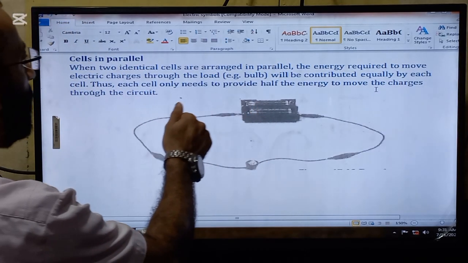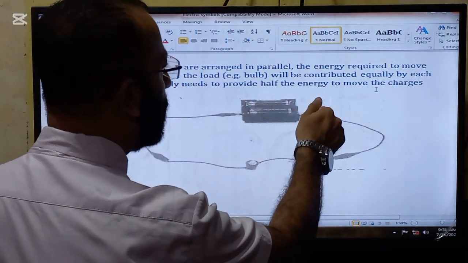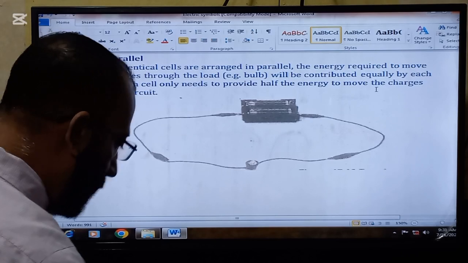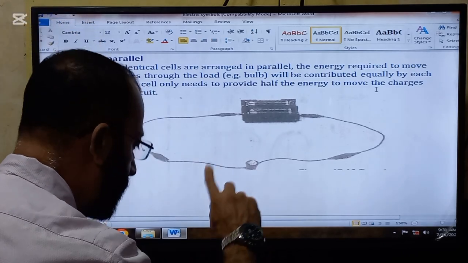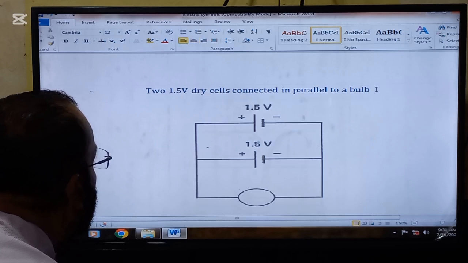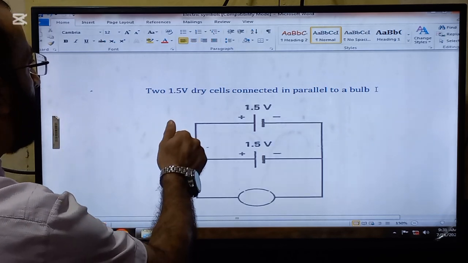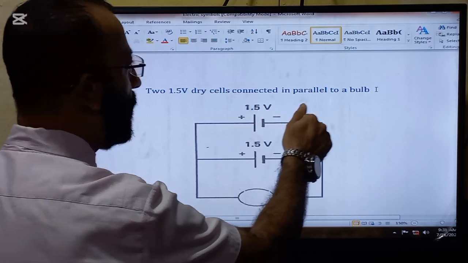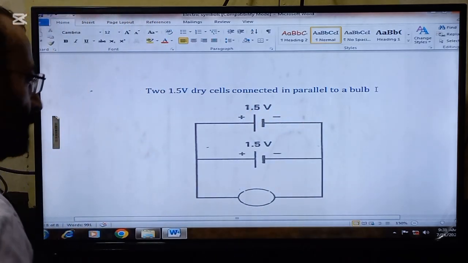Thus, each cell only needs to provide half the energy to move the charges through the circuit. So this is the thing, students. This is the difference between series and parallel. Two 1.5 volt dry cells connected in parallel to a bulb.